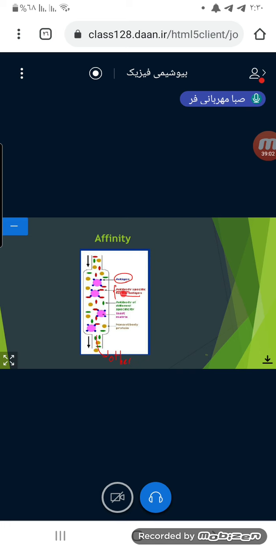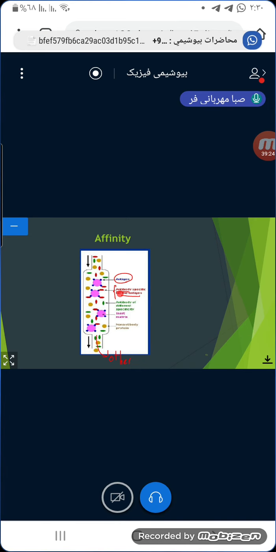Antibodies are secreted to kill some infectious agents. Antibodies kill infectious agents like virus, bacteria, or other kinds of pathogens. Do you know what pathogens are?